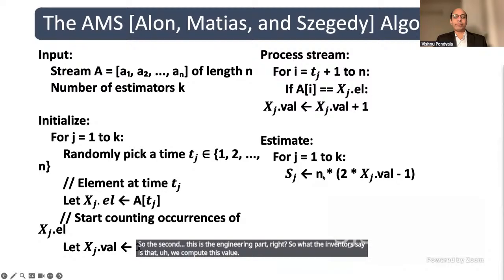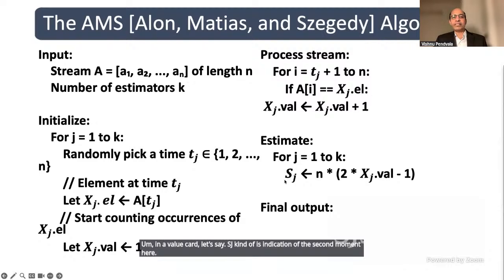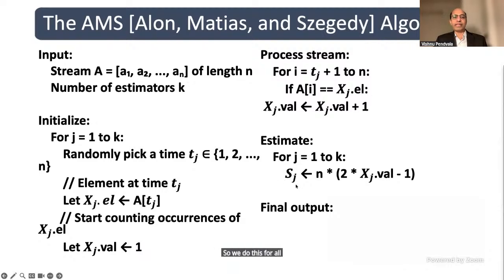N is the total number of elements in the stream, and we multiply the count for each element that we are keeping track of by 2, subtract a 1 from it, and store it in a value called Sj. Sj is kind of an indication of the second moment here. So we do this for all the elements that we have been keeping track of.